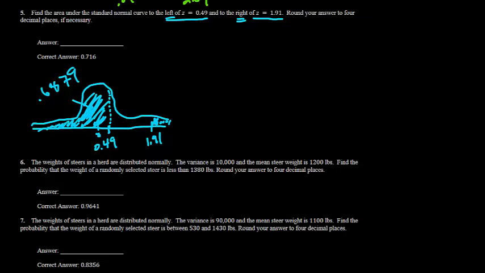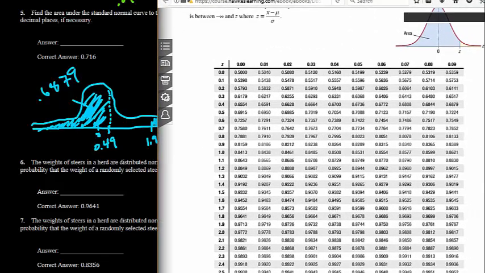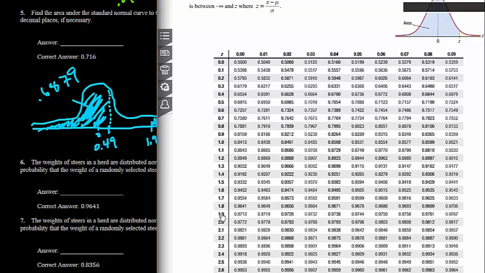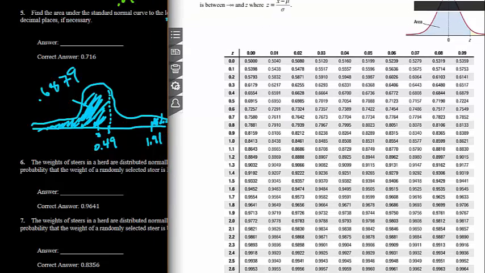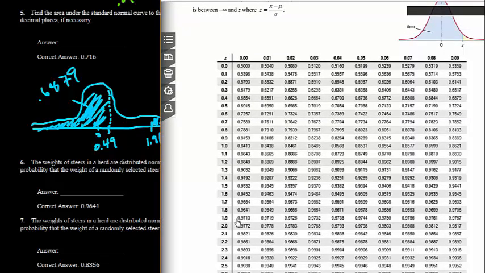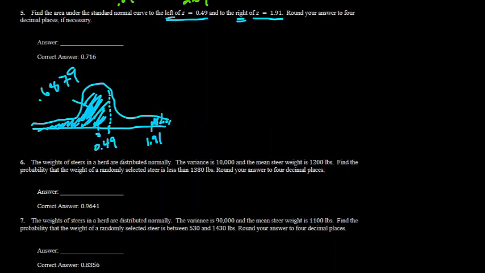And now we've got to figure out the area on the right-hand side of 1.91. So again, we go to the chart. 1.91, 1.90, 1.91 is 0.9719.